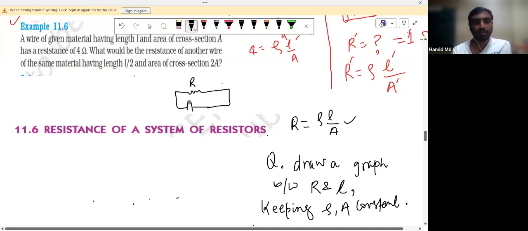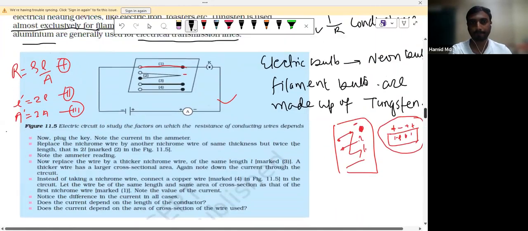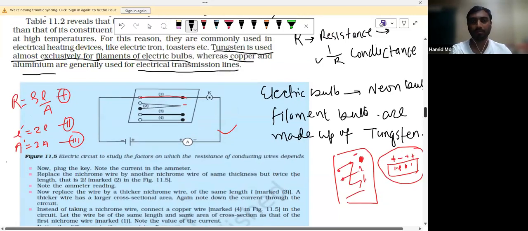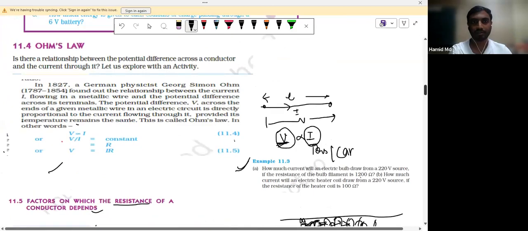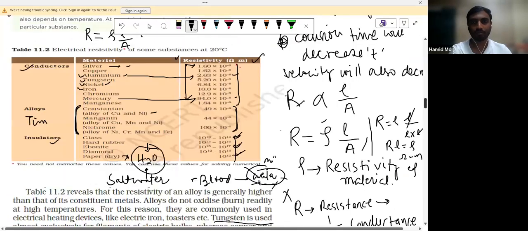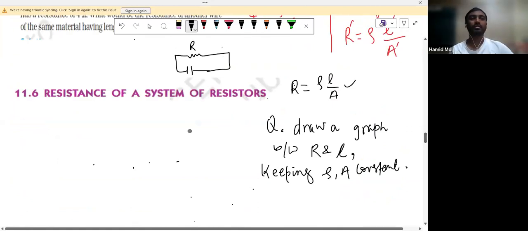So are you aware of resistance? Tejasvi? No, sir. So in any electrical circuit, we have a bulb, fan, fridge, right? Those bulb, fan, fridge are called resistors.